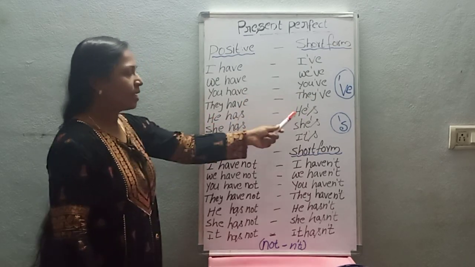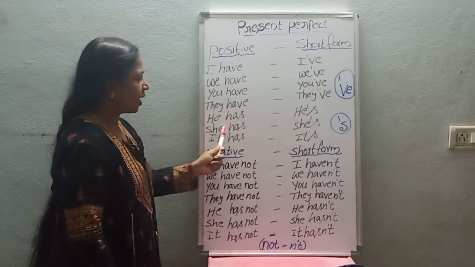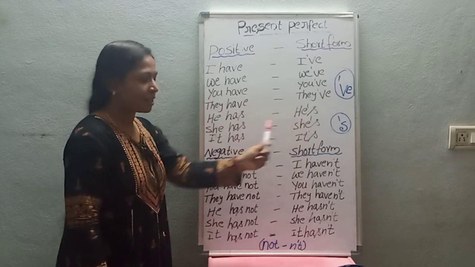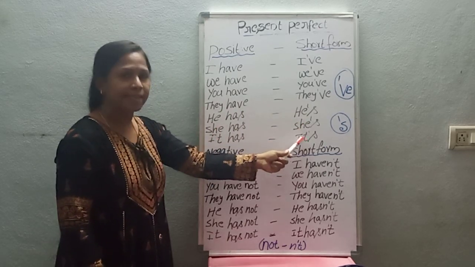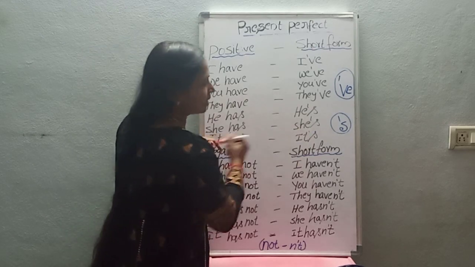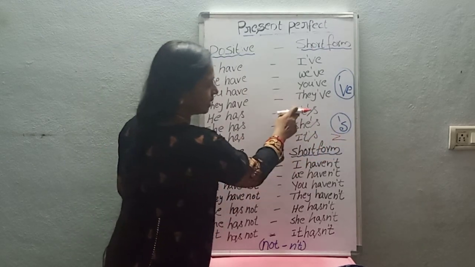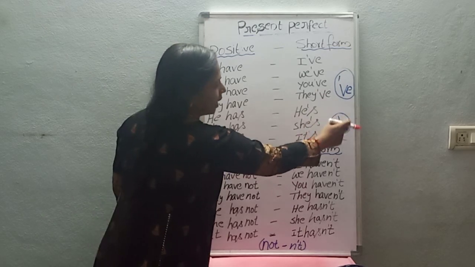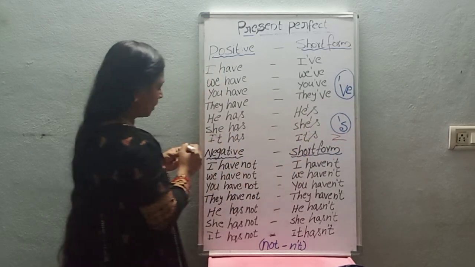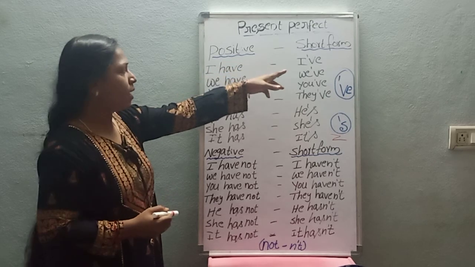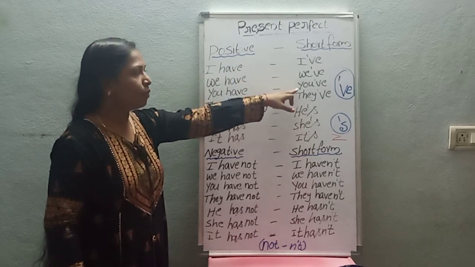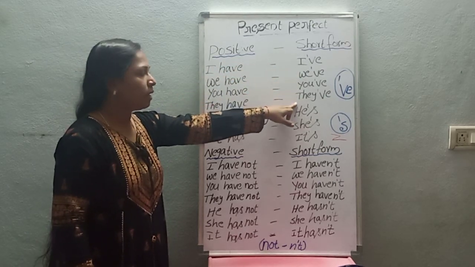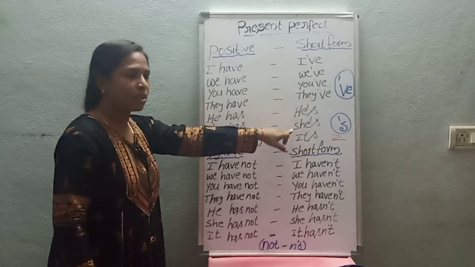He has, he's. She has, she's. It has, it's. Yes, the S is pronounced like Z. So I, we, you, they have; he's, she's, it's.